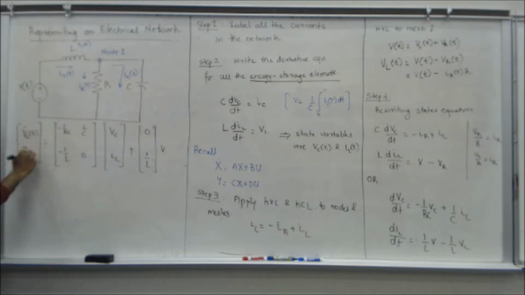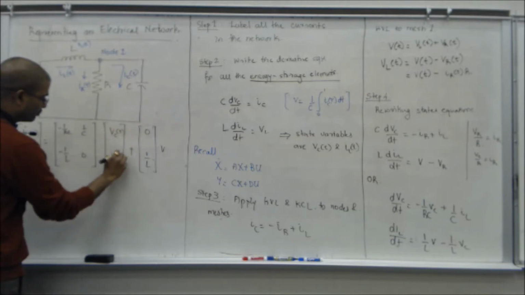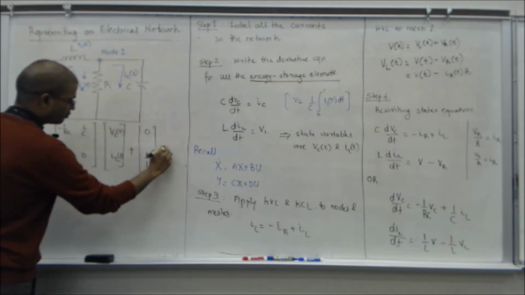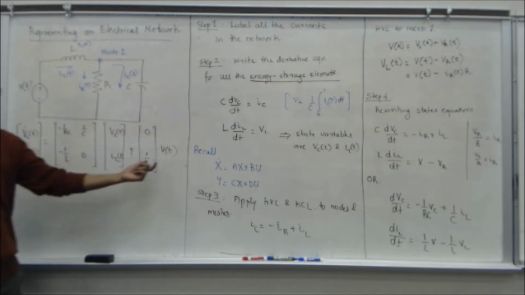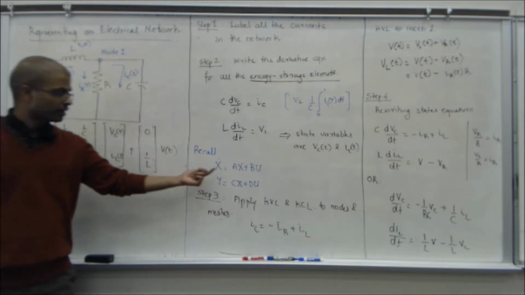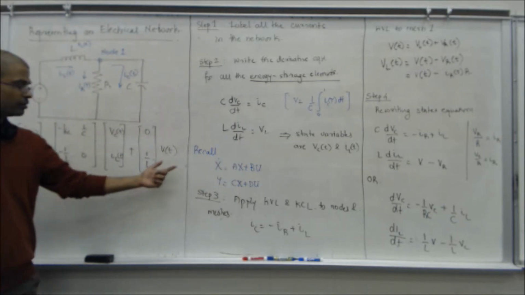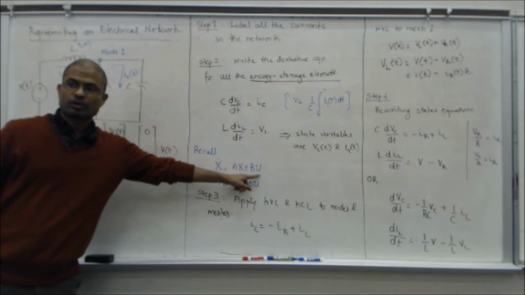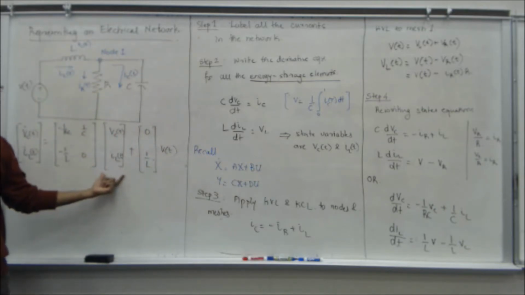If this makes more sense to you guys, you can do this. This is the input, the control input. So you see, this is your A matrix, B matrix is this, U, the control input or the input vector is this, and your state vector is this. Got it?